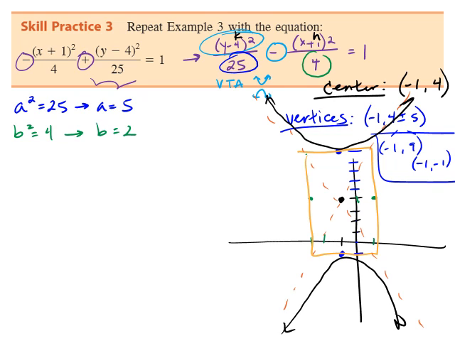All right, c squared is 25 plus 4, which is 29. So c is the square root of 29. So that will put my foci in the middle of these. We also want to find the asymptotes.